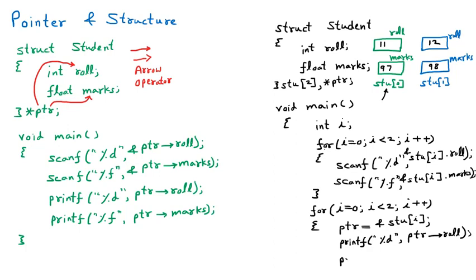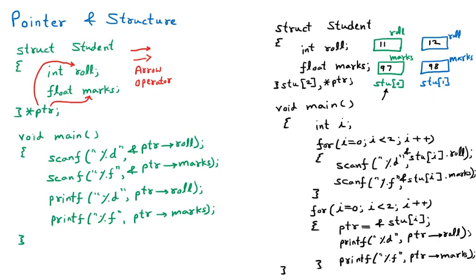And also we will use the printf %f, comma ptr->marks. So this way the pointer is going to take out the roll number and marks for the first value.